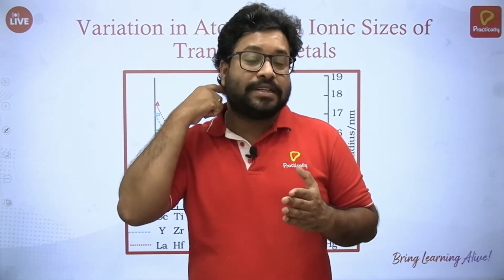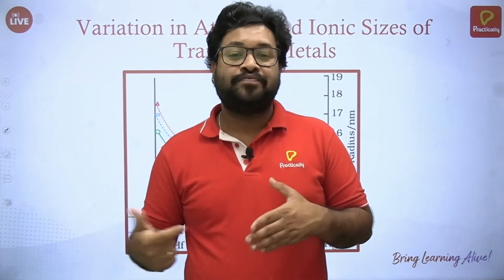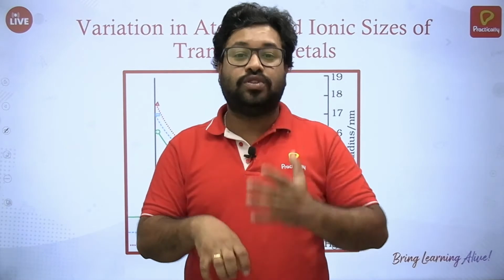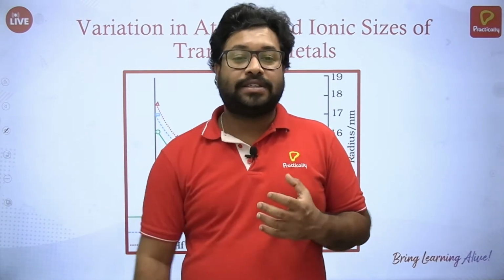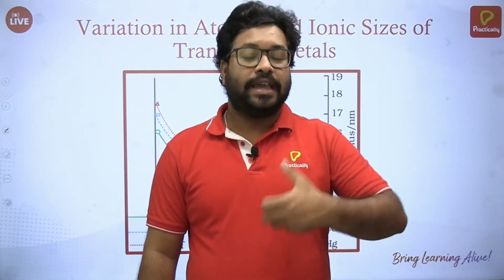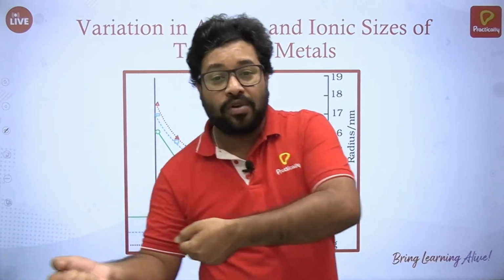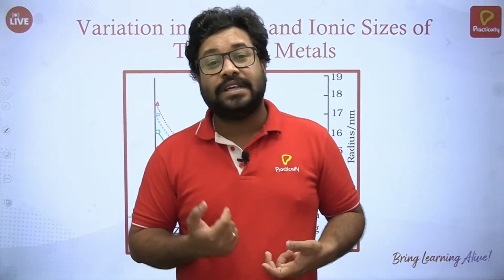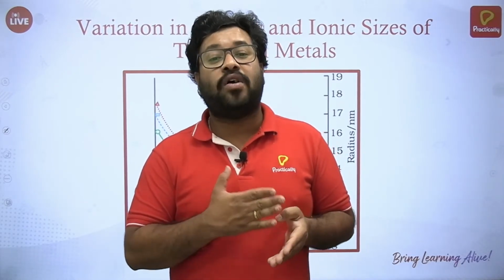And what does increased nuclear charge do? Nuclear charge basically means the attraction of the nucleus to the electrons. Increased nuclear charge pulls the shell inwards. So when it pulls the shell inwards, size will keep on decreasing.